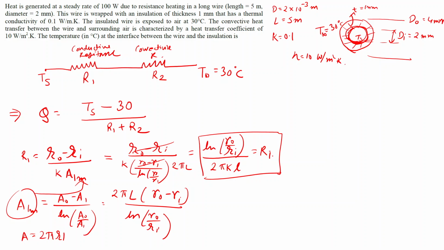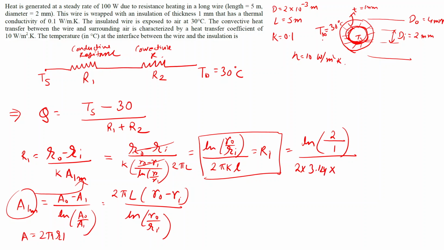Now R2, so let's just calculate the numerical value of this term also. So R1 will be ln of r0, the outer radius is 4 by 2, it will become 2 mm, and the inner radius will be 2 by 1, that is 1 mm, upon 2 into pi is 3.14.